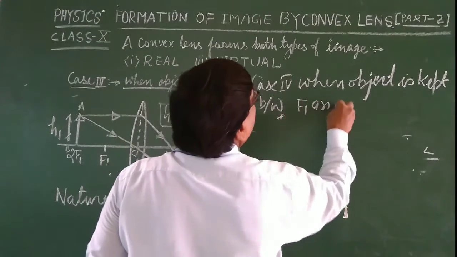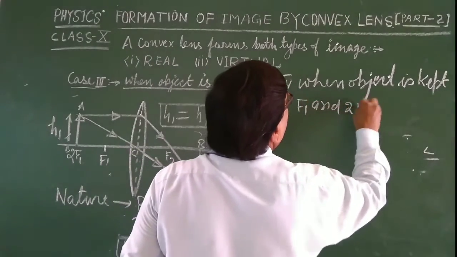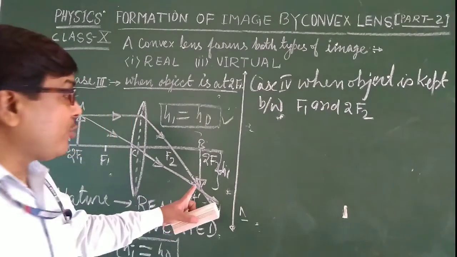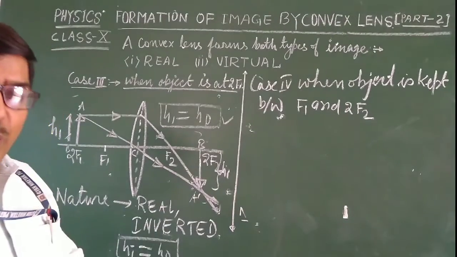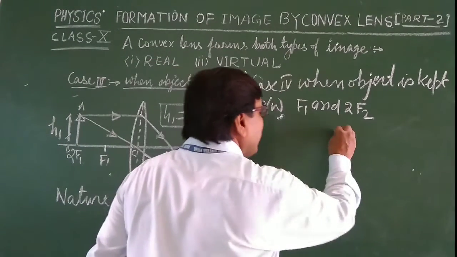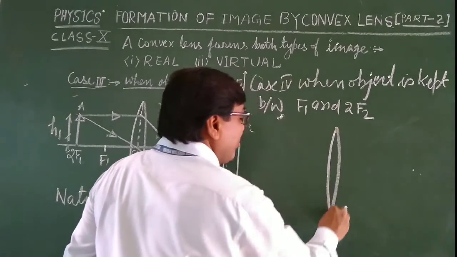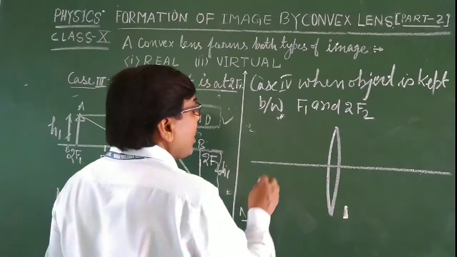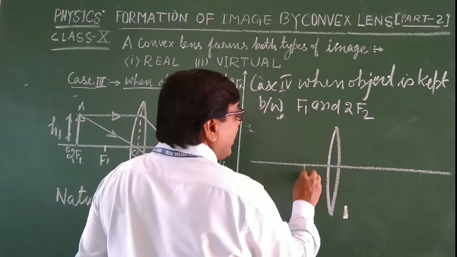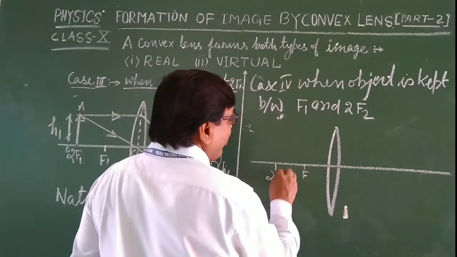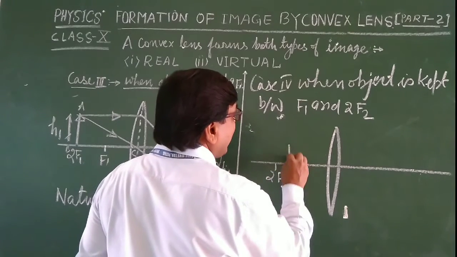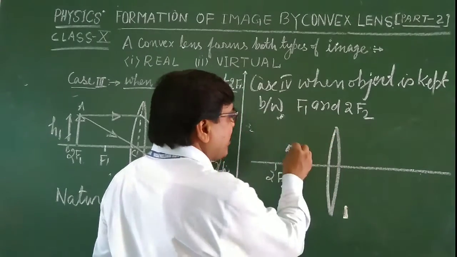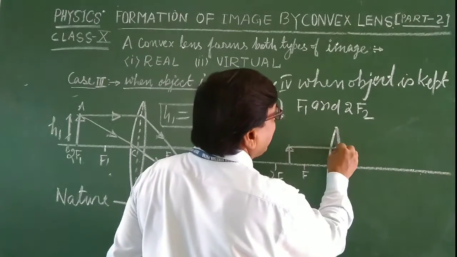Image is formed beyond 2F2. Just see here, there is the convex lens, and F1 is here, 2F2. In between, the object is kept and the image is formed.